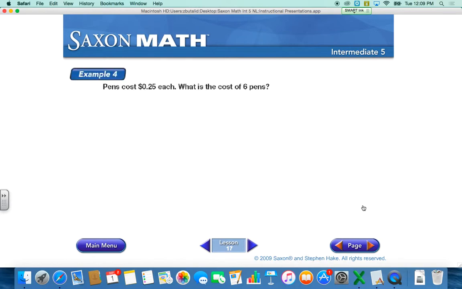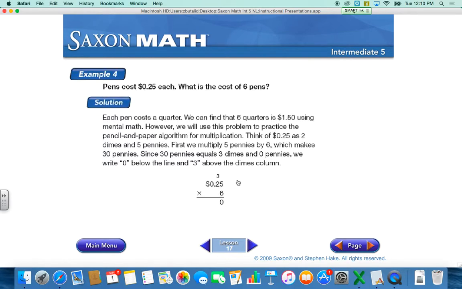example number 4. So pens cost 25 cents each. Let's find the total cost of 6 pens. You should be able to do this in your head if you just count the 25 cents. But the example is going to show you the algorithm of doing this. So we have 6 times 5, which equals 30.